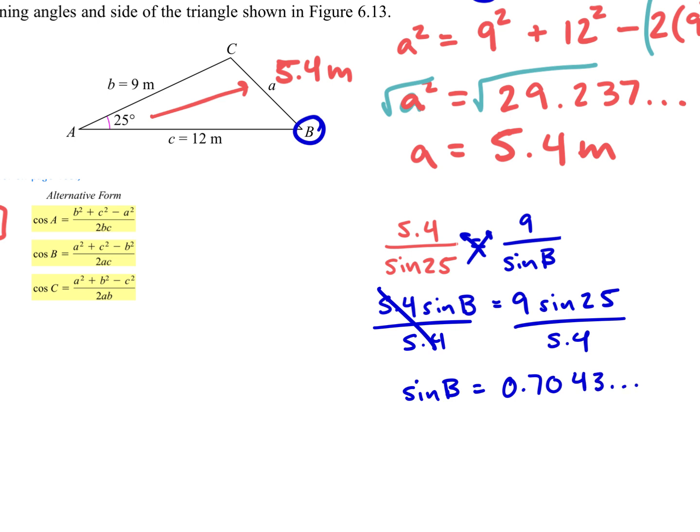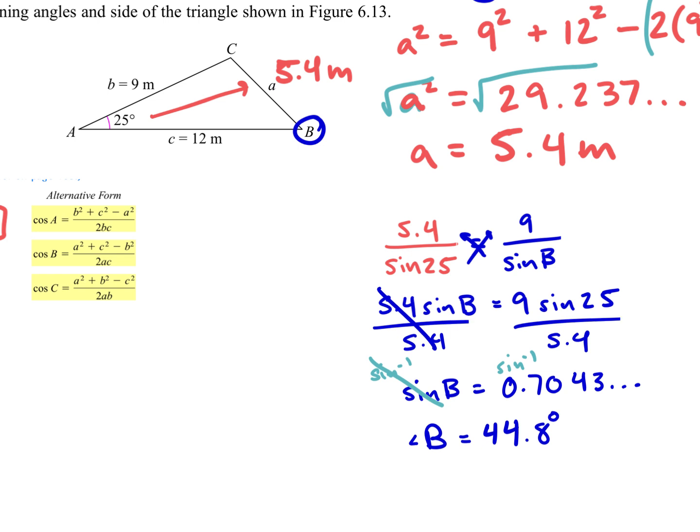0.7043. It keeps going. What do we do to find what our actual angle B is? We do the inverse sine, so sine to the power of -1. So it'll cancel out there. So we get angle B is equal to 44.77. So I'll round it to 44.8. What are we talking about here?